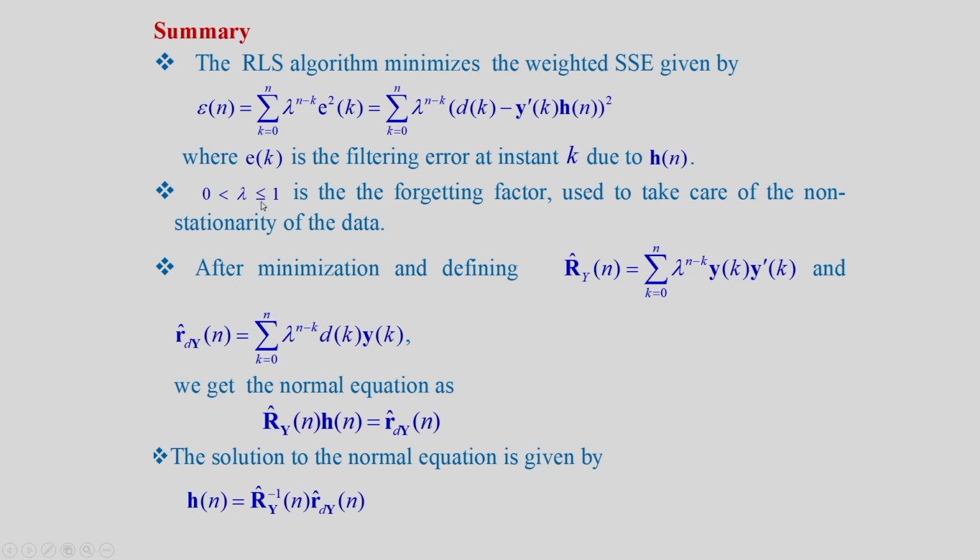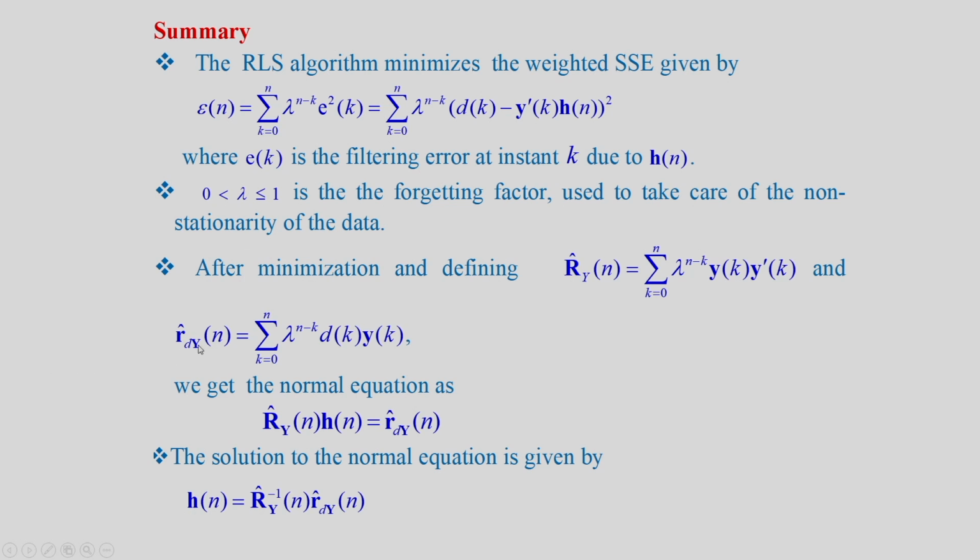Lambda, with 0 less than lambda less than or equal to 1, is the forgetting factor used to take care of non-stationarity. For non-stationarity, lambda is less than 1, usually 0.99 like that, and for stationarity we can take lambda equal to 1. After minimization, we define this quantity Ry hat n. This is the weighted sum of this matrix, and this is the estimator for the autocorrelation matrix.